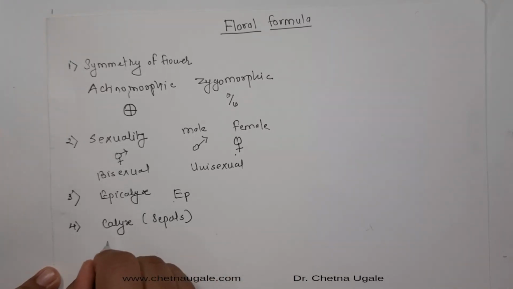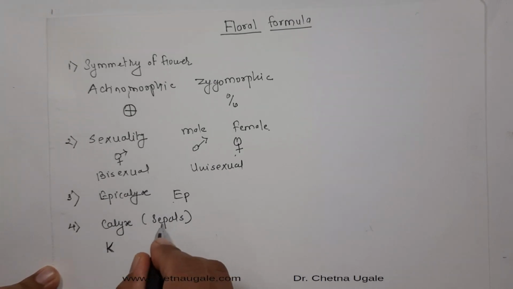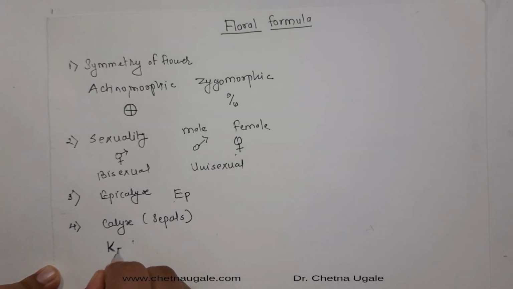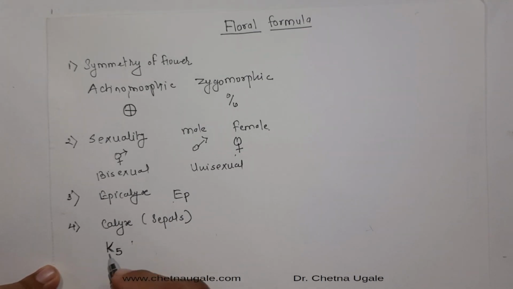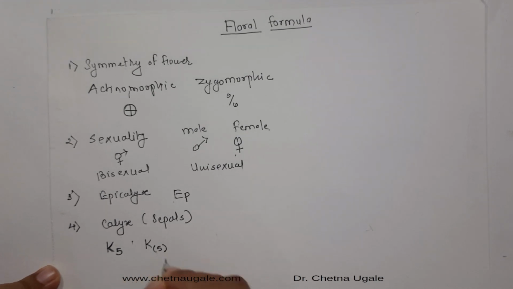It is represented by the capital K. There are different numbers of sepals, and this number is written as a subscript to the K. If the sepals are fused, then the subscript number is written in parentheses. That is the gamosepalous condition. And if the sepals are free, then it is simply written as the subscript 5.